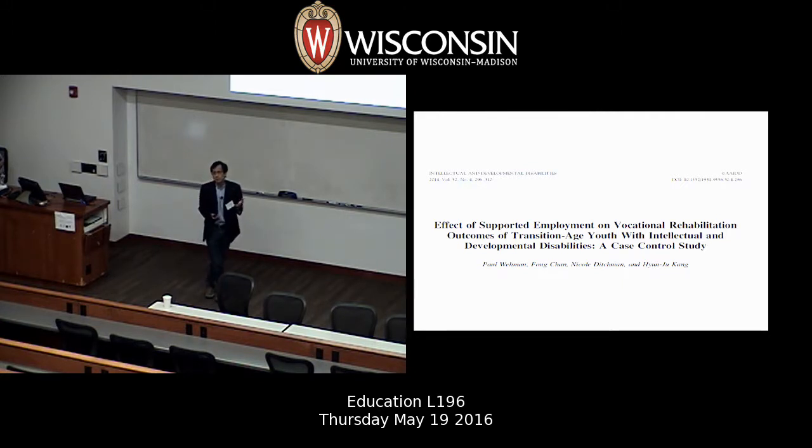We are thinking about whether we can pick a group of people who received supported employment and match them with an appropriate group that is similar in demographic characteristics but did not receive supported employment, okay? Then we want to see, within those similar homogeneous groups, whether those who received supported employment do better than people who did not receive it in state agencies.